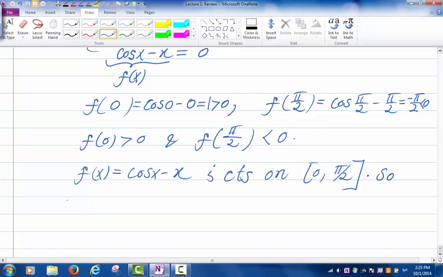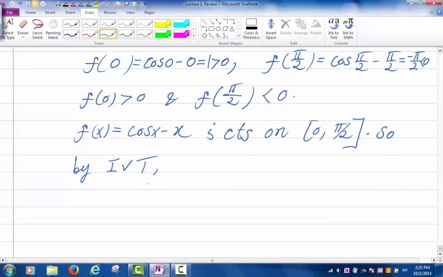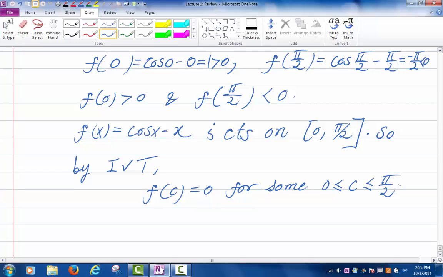So, by the intermediate value theorem, f of c is 0 for some c between 0 and pi over 2. Okay? So because f takes on a negative value and a positive value, being a continuous function, it's got to take on any value in between, so it takes on the value 0.